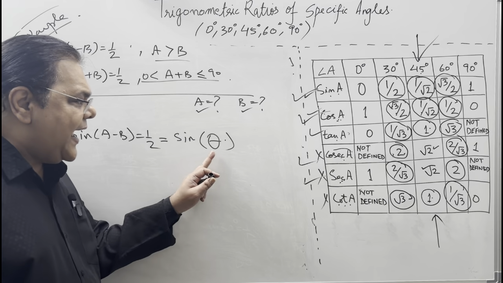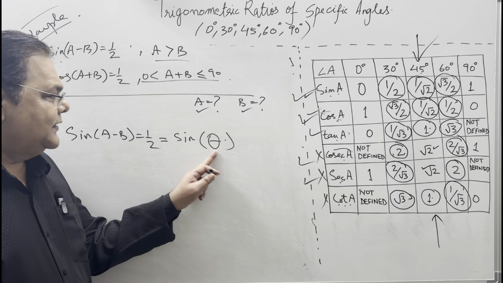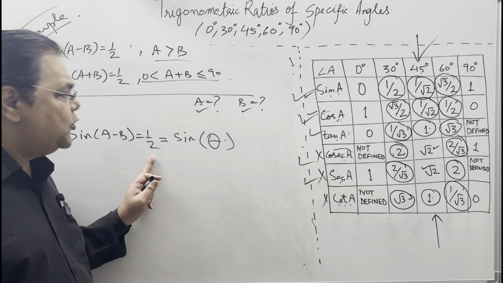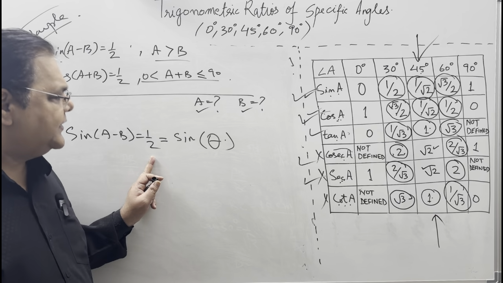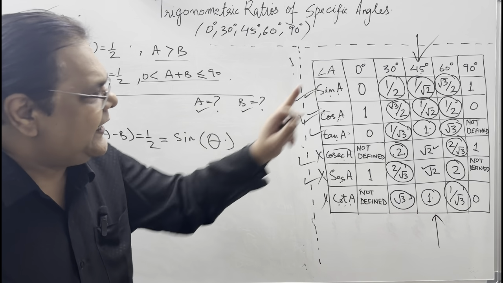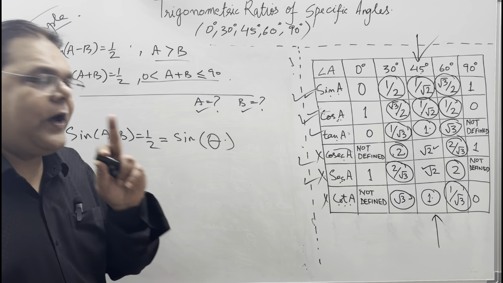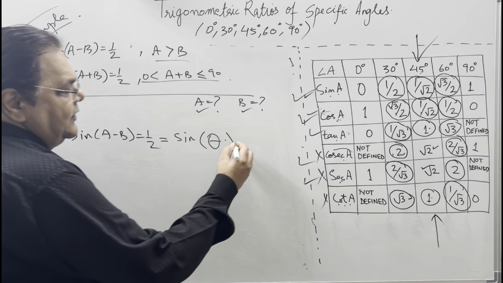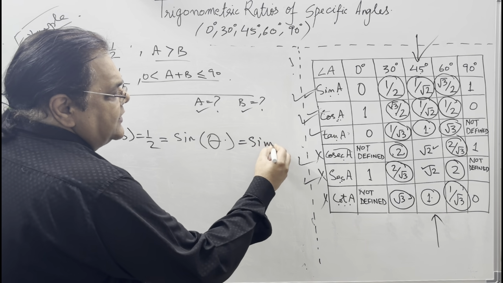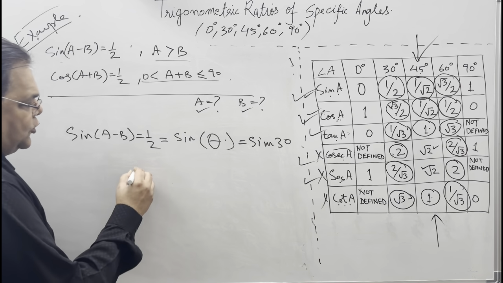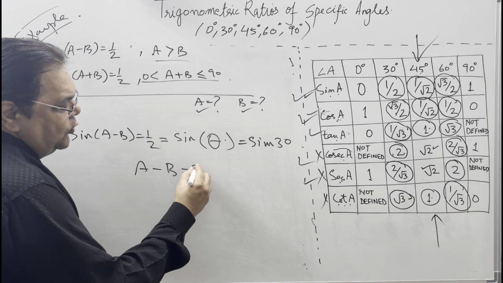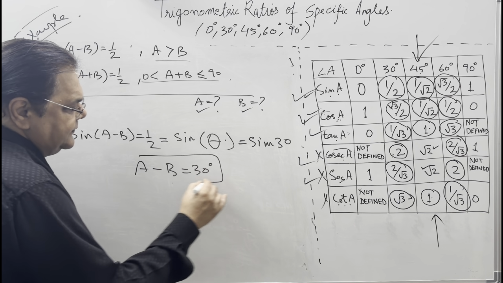For what angle is the sine of that angle 1 by 2? From the table you can check, for sine 30, the ratio is 1 by 2. So this is equal to sine 30. So A minus B is equal to 30 degrees.